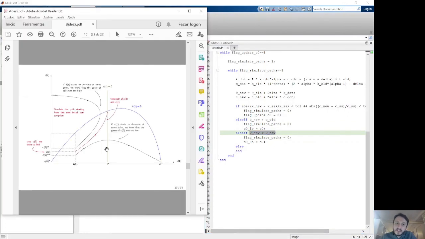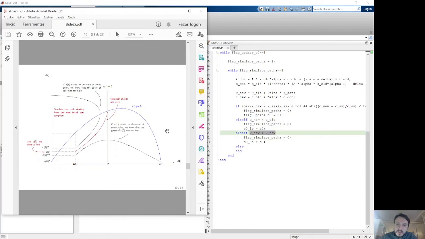That's the last case that can happen, which is we are in a situation like this. We are in a point here, and we are going to another point in which capital is increasing, consumption is increasing, and we are far from the steady state. Okay? We could also be in a point here. We have a point here, and then we simulate another point in the curve. Consumption is increasing, capital is increasing, and we are far from the steady state.